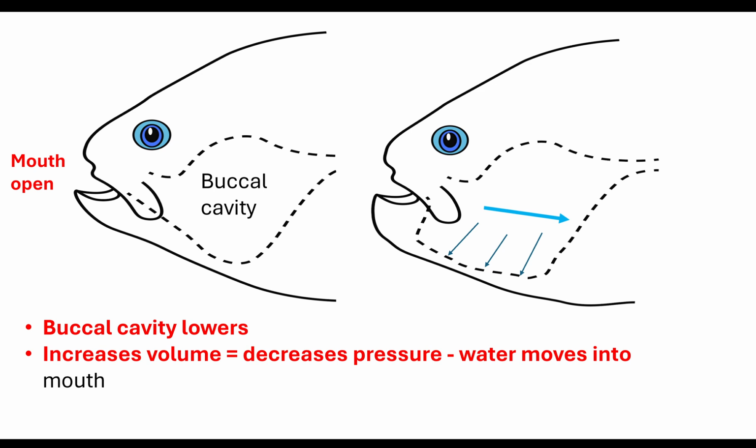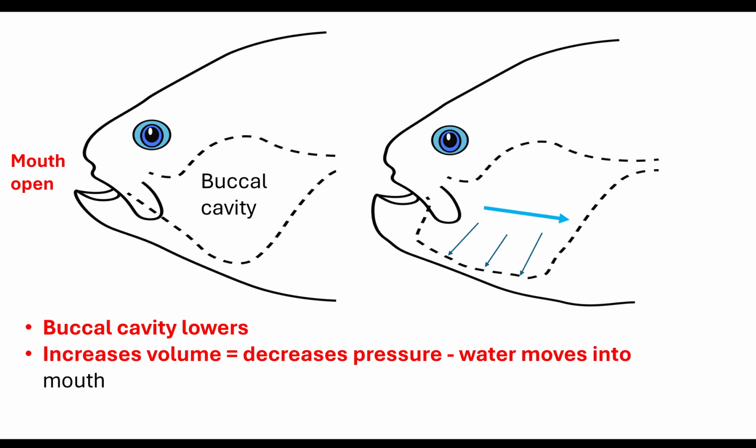Whereas these fish, the bony fish, they don't continuously swim. They have times in which they stop. So by adapting this ventilation system, it means that they are able to maximize their exchange surface and maximize the amount of water that's flowing into the mouth.